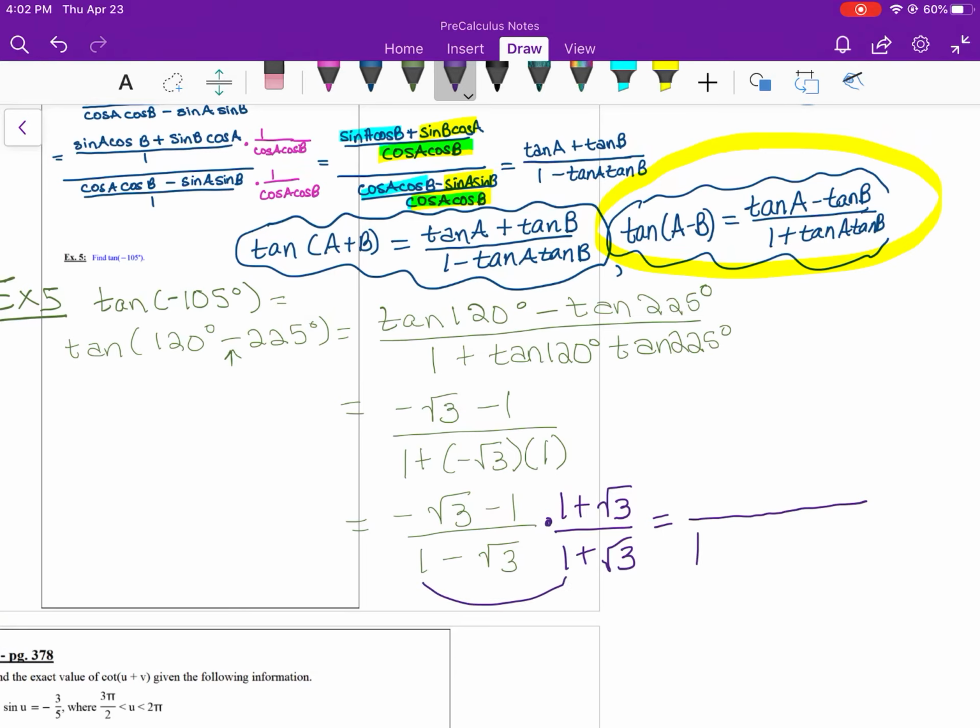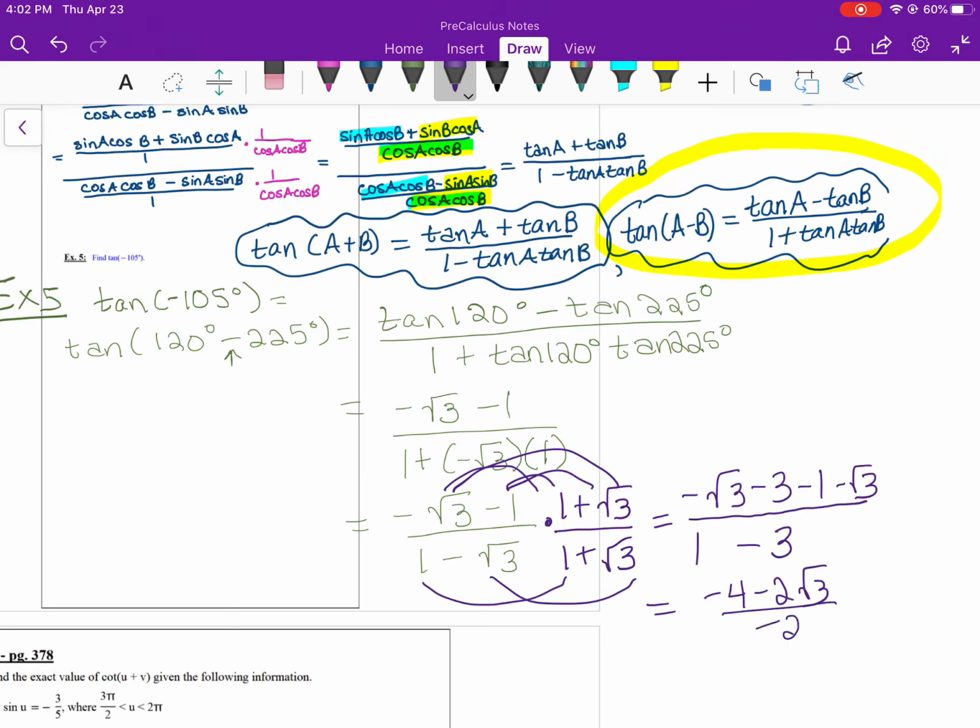I need to multiply the first and the last together. And then up here I need to completely FOIL. Then I can divide everything by negative 2. And I get an answer of 2 plus radical 3.